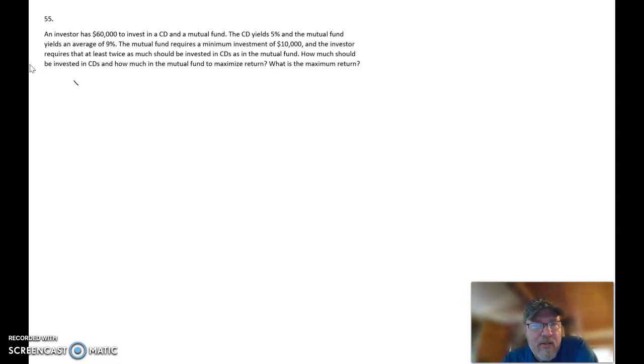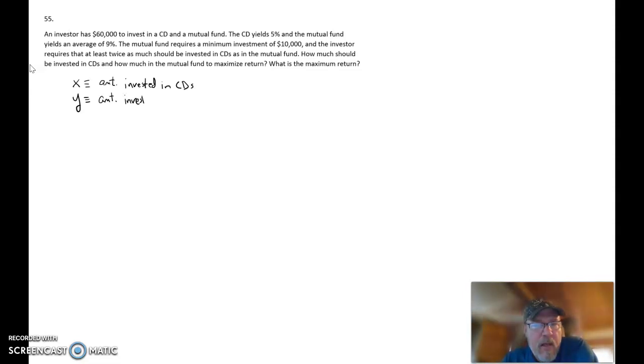So I'm going to let X, and this triple equals, X equals amount invested in CDs, and Y. And when you label variables like this, when you give a variable a definition, you use triple equals. Y is amount invested in mutual fund.